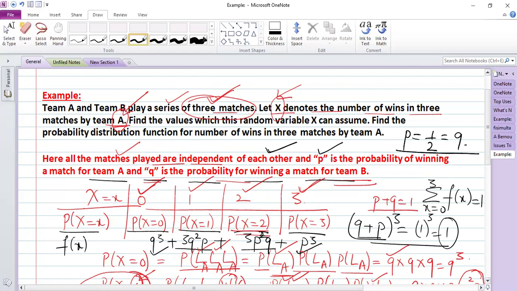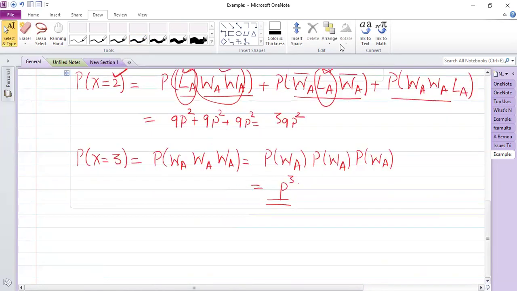Both are half, meaning both the teams have equal chances of winning the matches.